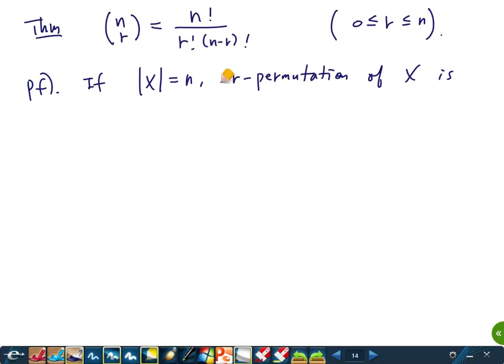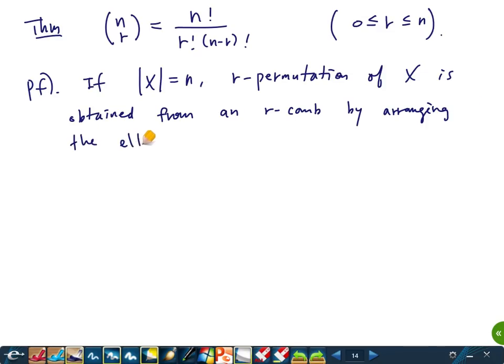So our permutation is obtained from an R combination by arranging the elements there. So it's obtained in 2 steps. First, select R elements, and second, arrange them, these R elements.